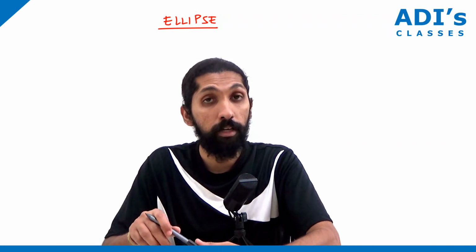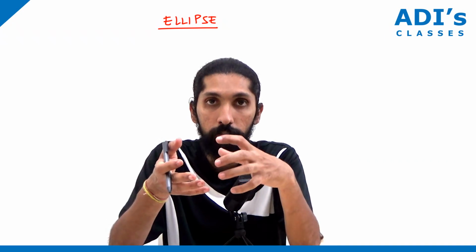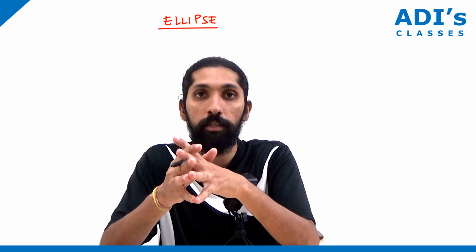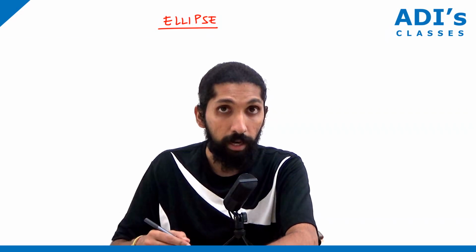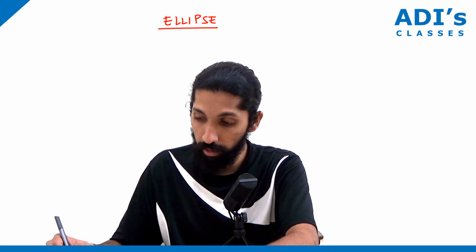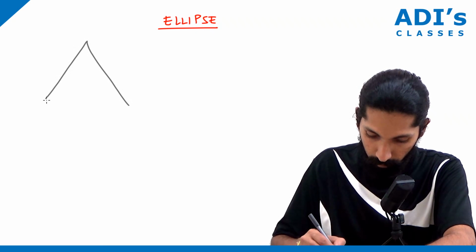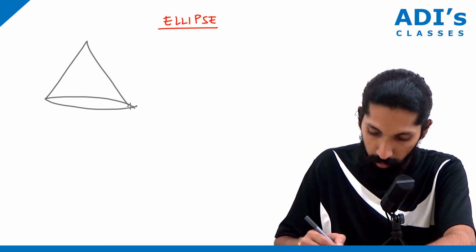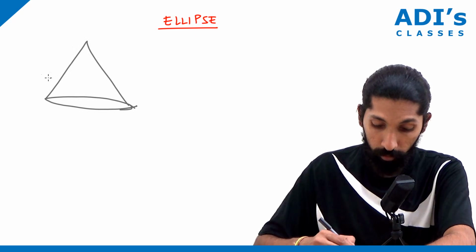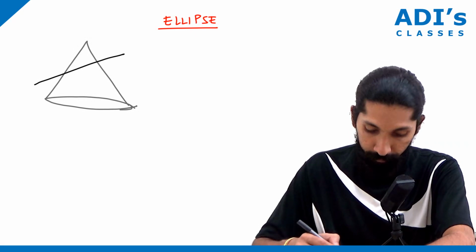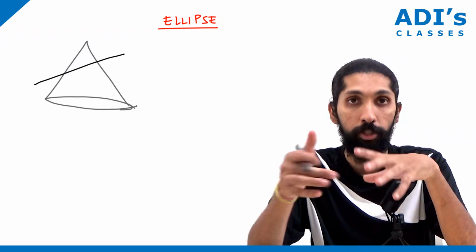Now, let's try to understand what an ellipse is in a geometrical way. Before we enter into the algebraic form, or we can say the Cartesian form, let's try to understand the geometric form. Suppose you have a cone. Imagine you have a cone like this. If you cut the cone like this, try to imagine this in 3 dimensions.